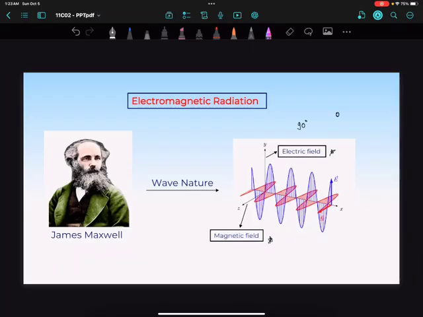If this is an atom going in this direction, this is the electric field, this is the z-axis, this is the y-axis, this is the x-axis. So the z-axis will give the magnetic field, and this is the propagation. Here it will go in the propagation, this will be the electric field and this will be the magnetic field.